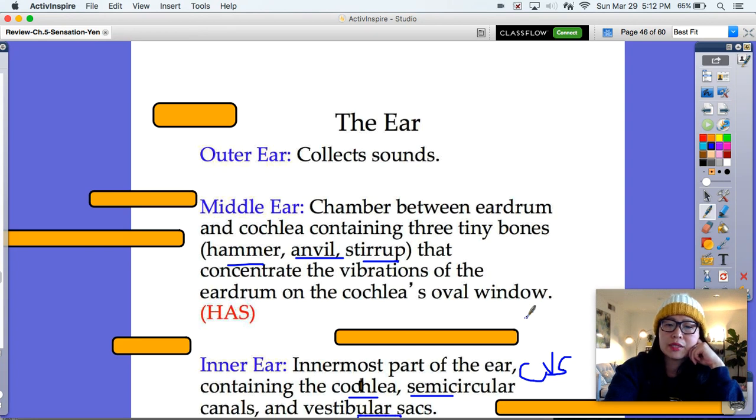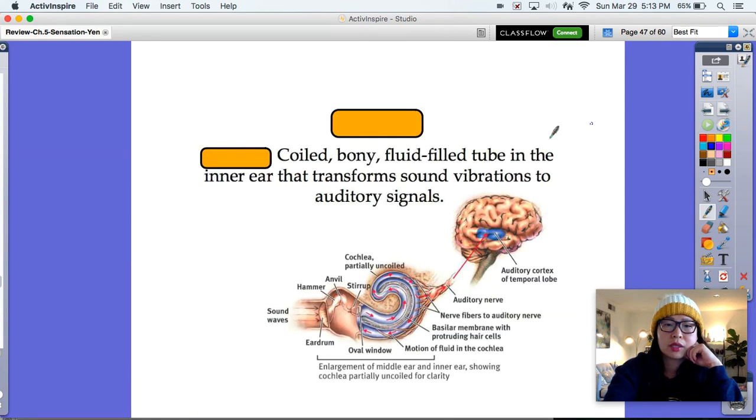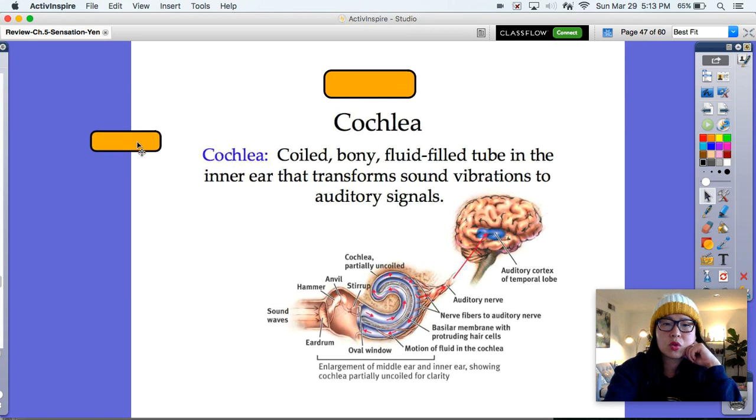The inner ear is what helps with balance. A lot of times if you're experiencing dizziness or vertigo, most doctors are going to first check your ears to see whether that is affecting your balance and motion.